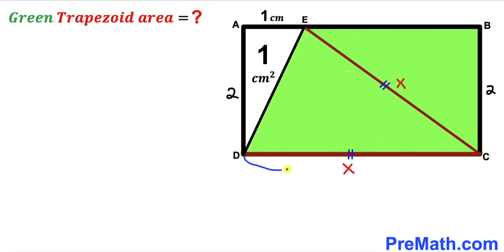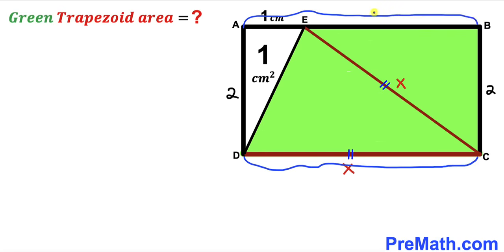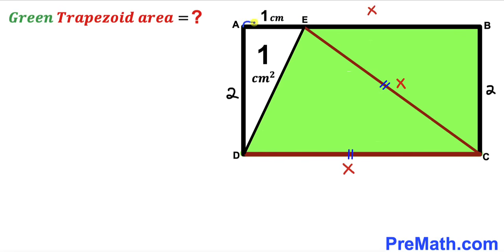We can see that side CD length is x, so side AB length has got to be x as well. Now we know that segment AE length is 1, so this segment EB length is going to be x minus 1. So we figured out that EB length is x minus 1.